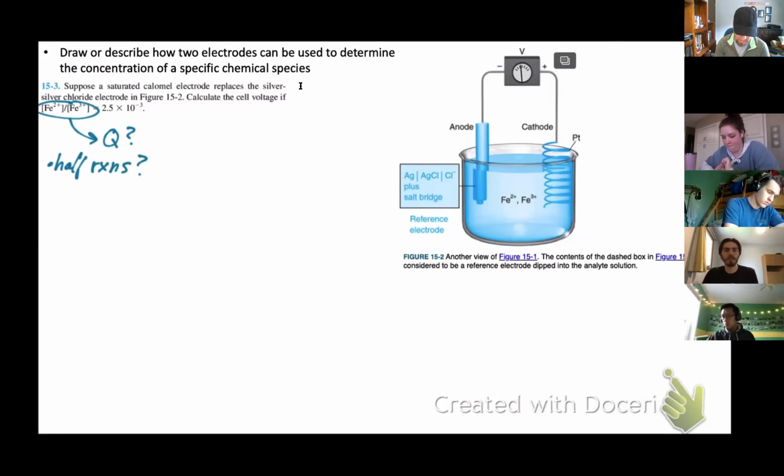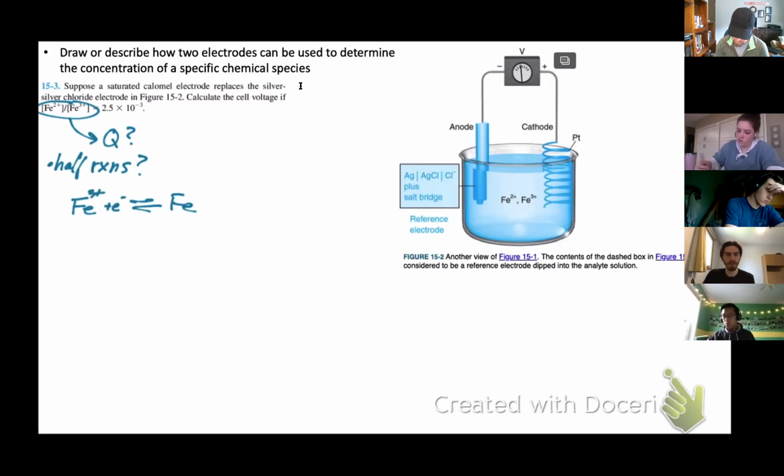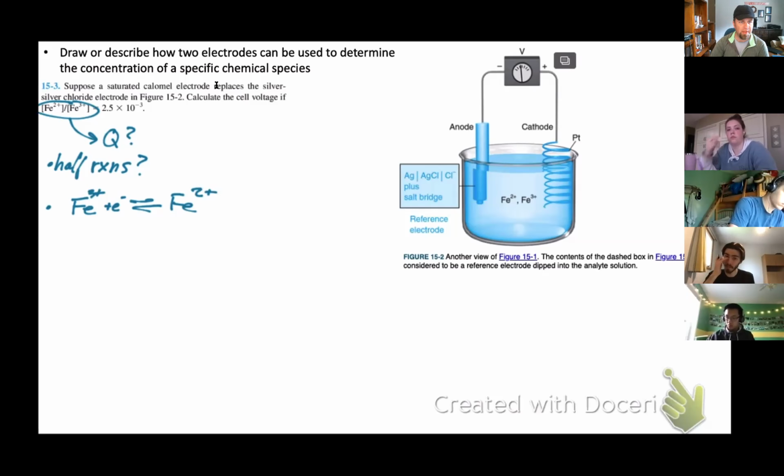Now we know that we have an iron to iron, right? Must be this one. Iron 3 goes to iron 2. Should be one of the half reactions. What do we have as information about the other half reaction?